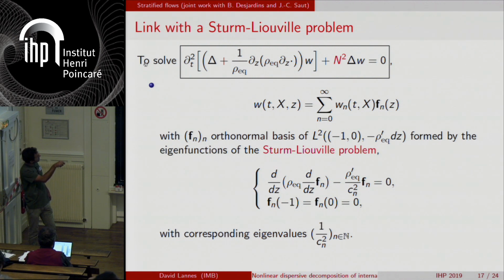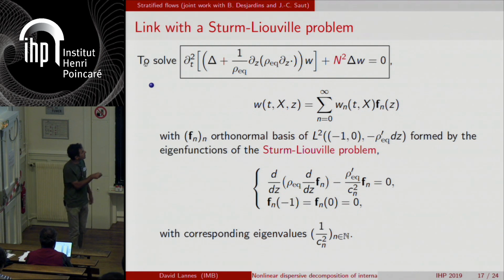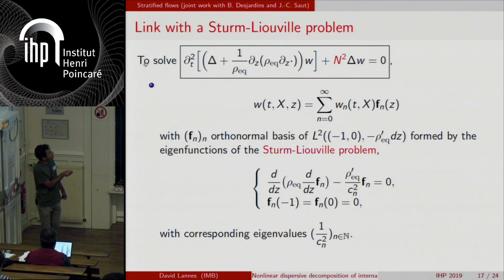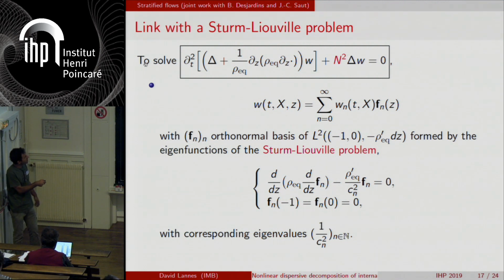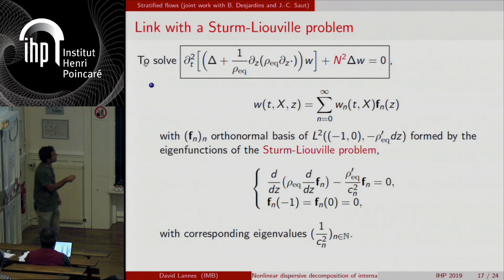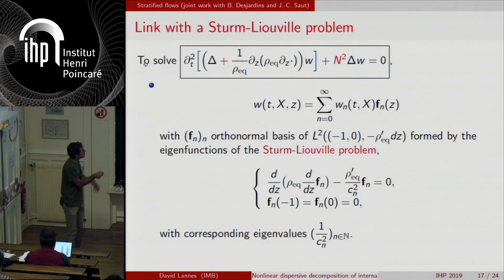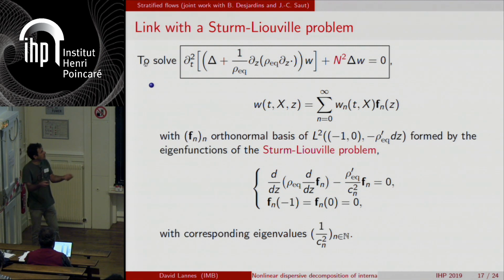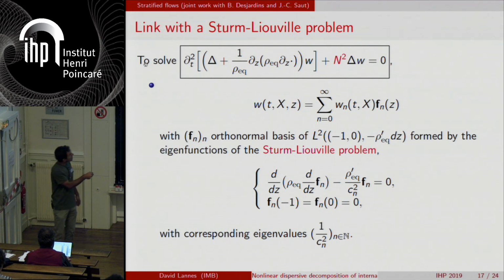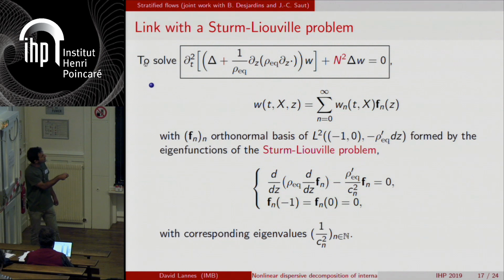For this Sturm-Liouville problem, you can find the basis, like when rho equilibrium is constant, for instance, you can diagonalize the operator dz square by using sinus and cosinus. So this is a generalization of this when you have variable coefficients. You have a basis of L2, like the sinus and the cosinus are a basis of periodic functions, with eigenvalues that I have written under this form, 1 over Cn squared.